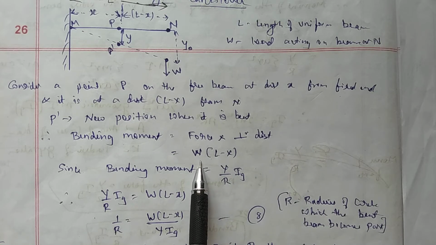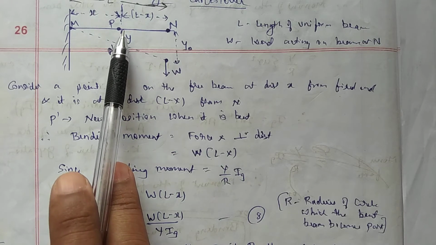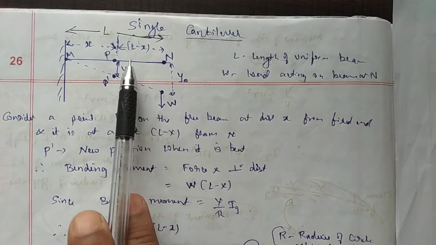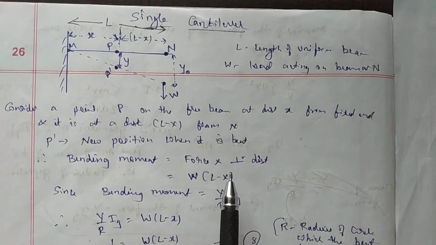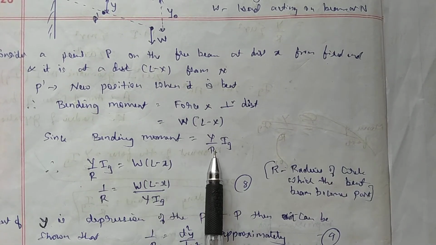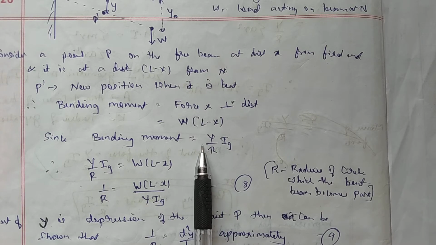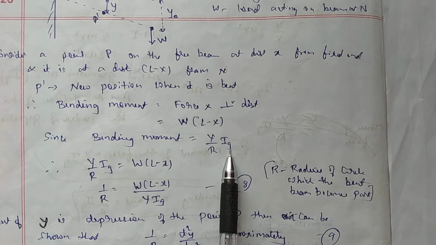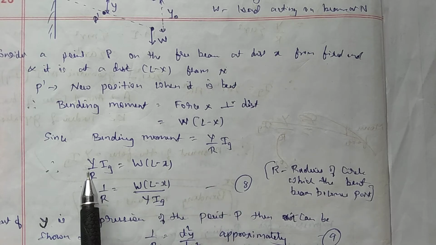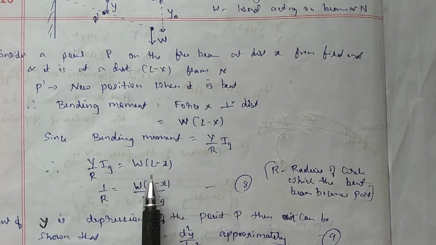Here the force is W, the weight which is acting, and the perpendicular distance is L minus x. Since the bending moment, which we derived in the previous class, is equal to Y by R into Ig, Y by R into Ig is equal to W into L minus x.